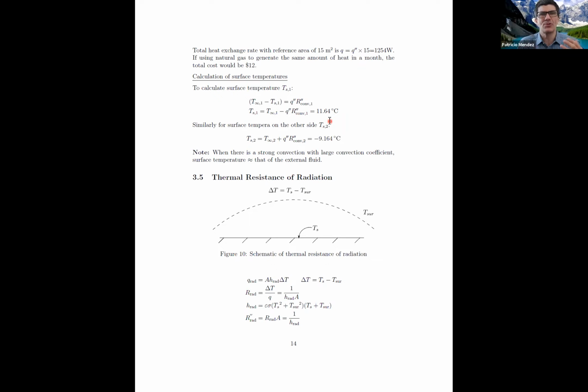This is a case in which it's quite clear the difference between T infinity, the temperature of the fluid surrounding us, and T surroundings, the temperature of the walls surrounding us. All right, so I just mentioned heat loss by radiation, and that can be assigned a resistance too.